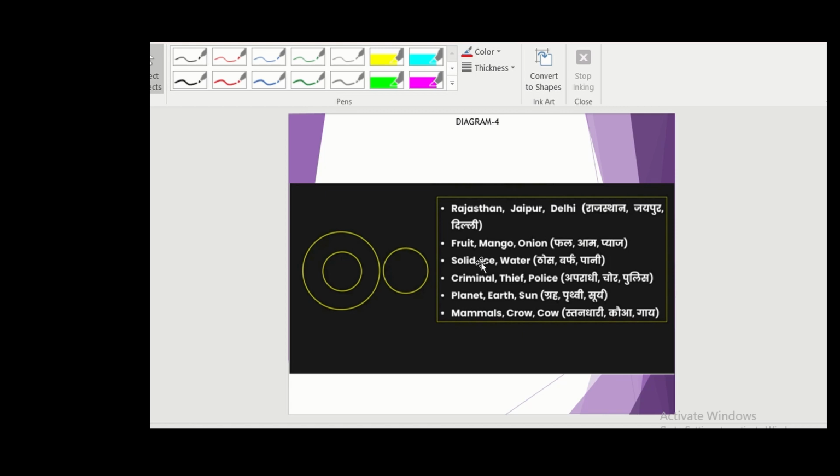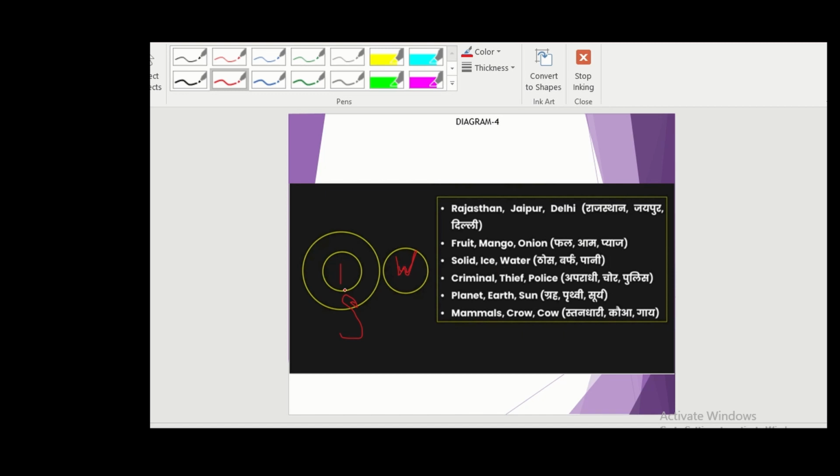Here, ice cannot represent the water. I believe there is another type of diagram where the ice and water can be explained, and we can draw other diagrams where ice and water are the same thing, but here we focus on the solid part.